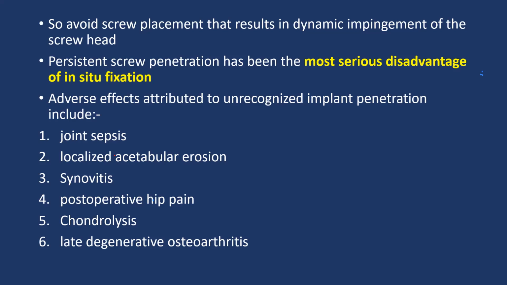You should take this seriously as you're putting the pin. It should reach only 3 or 4 millimeters from the cortex, and you should be sure of it. You should take AP and lateral X-rays or use a scope to make sure that you have not penetrated into the acetabulum.